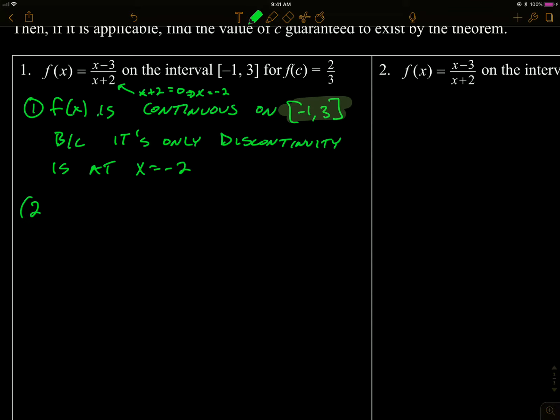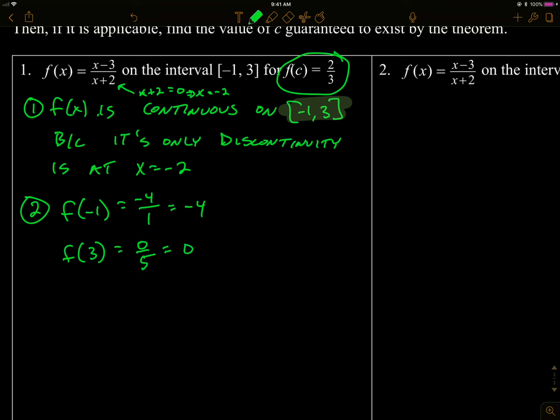Criteria 1 is met. For criteria 2, our desired y value, 2/3, has to be in between the y values at the endpoints. So we plug our endpoints into the function and see what we get. I get -4 over 1, so I'm getting -4 for that endpoint. For the other endpoint, I'm getting 0 over 5, so I get 0.